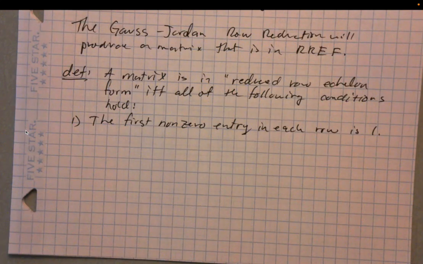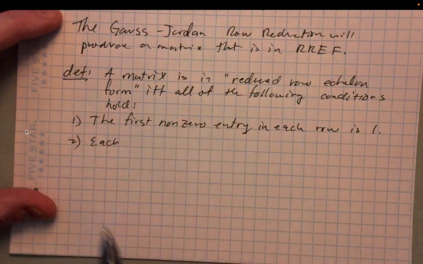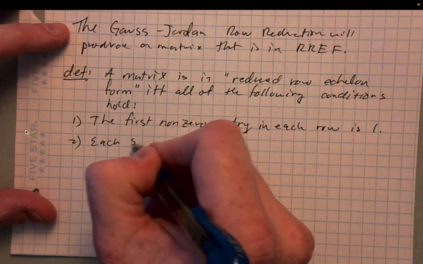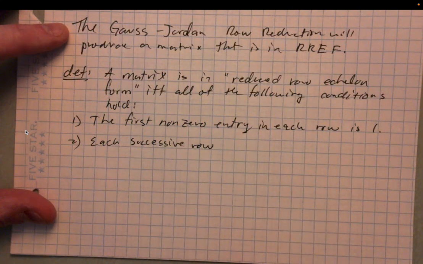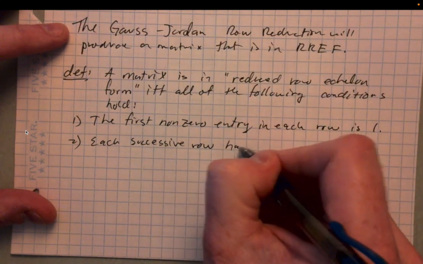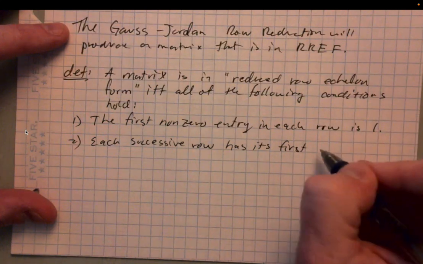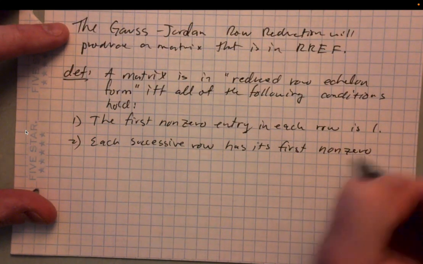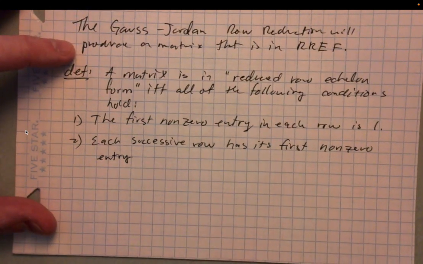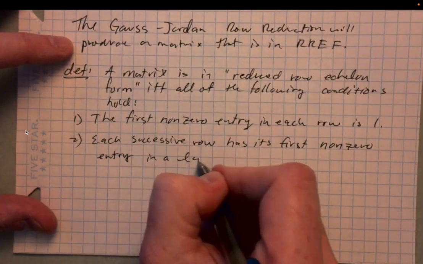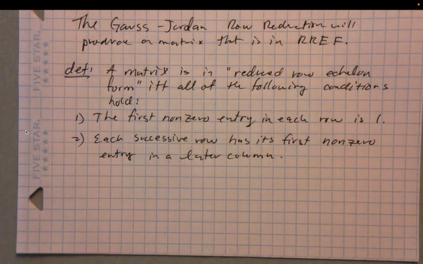The second condition says that each successive row has its first non-zero entry in a later column. Okay, what does that mean?